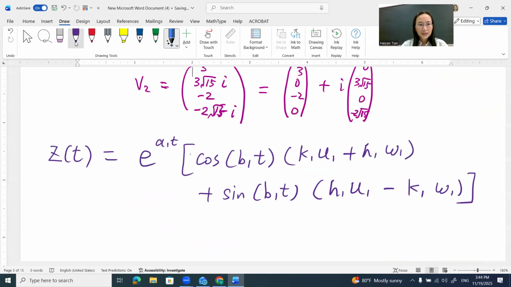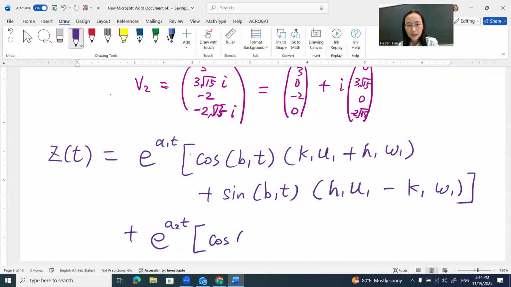Because of the summation, when j is 2, we have e to the a2 t. What is A2? Remember, A2 is the real part of the lambda 2 eigenvalue. So we have cosine b2 t times k2 u2 plus h2 w2.